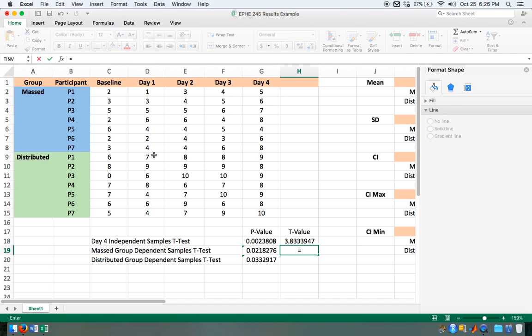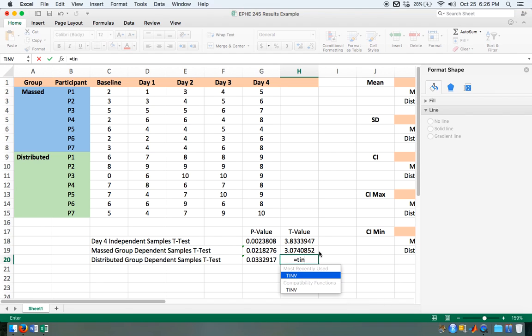Now, T-inv for the dependent samples group is a little bit different. We still have our p-value, but our degrees of freedom is actually going to be 6. The reason is that in this one we only have 7 people and only one group, so 7 minus 1. So our degrees of freedom is 6.